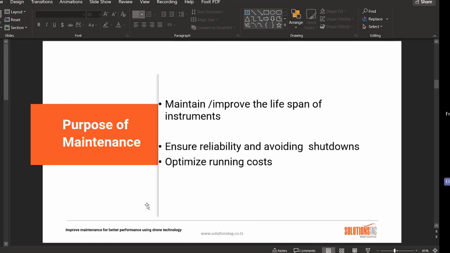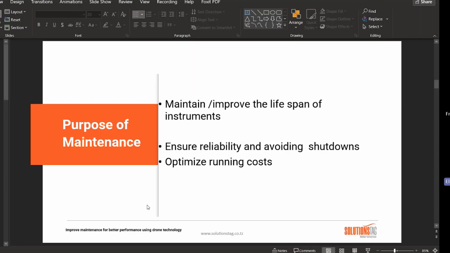First and foremost, we start by putting forward the main purpose of performing maintenance in every facility that we may have. It can be a production plant, processing plant, packaging plant, or just a storage facility.